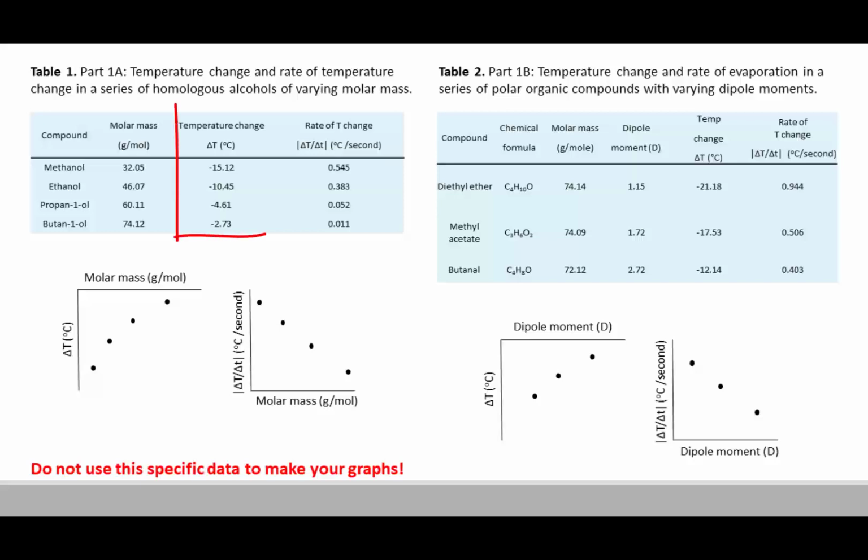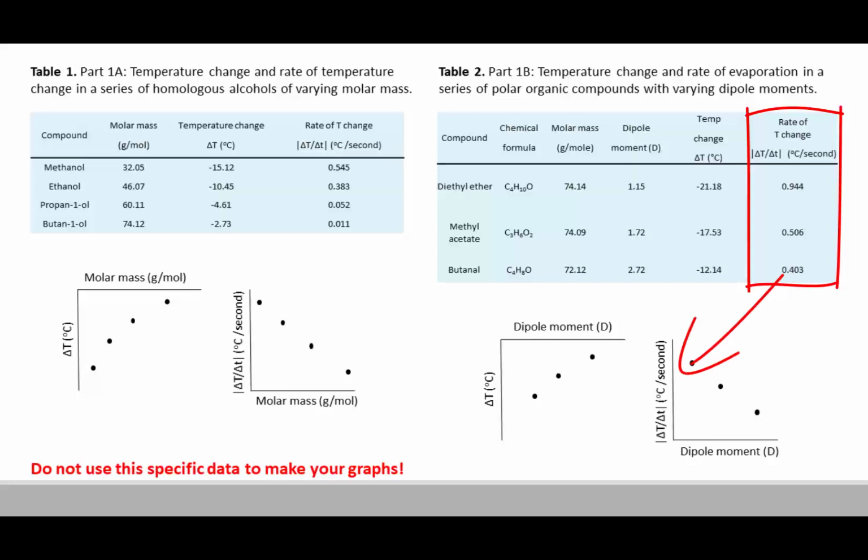Using this table, you will need to make Excel plots of temperature change and rate of temperature change as a function of molar mass. Table 2 shows typical data for the polar organic compounds. Using this table, you will need to make Excel plots of temperature change and rate of temperature change as a function of dipole moment.